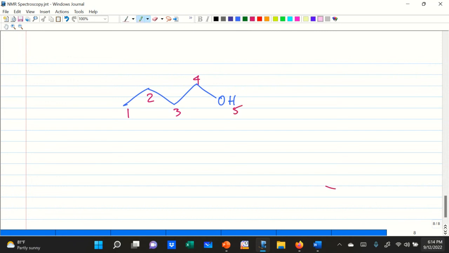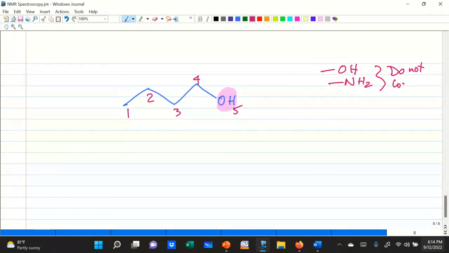There are two additional points I want to make to you. The protons attached to oxygen, they do not couple. So the alcohol signals and the amine signals, protons attached to nitrogen and protons attached to oxygen, they do not couple.